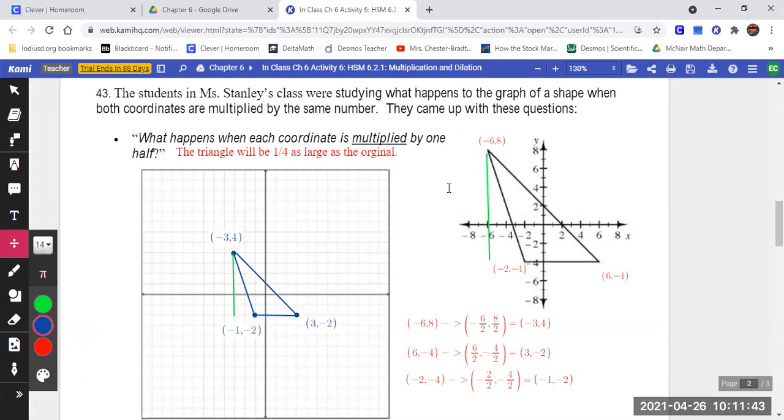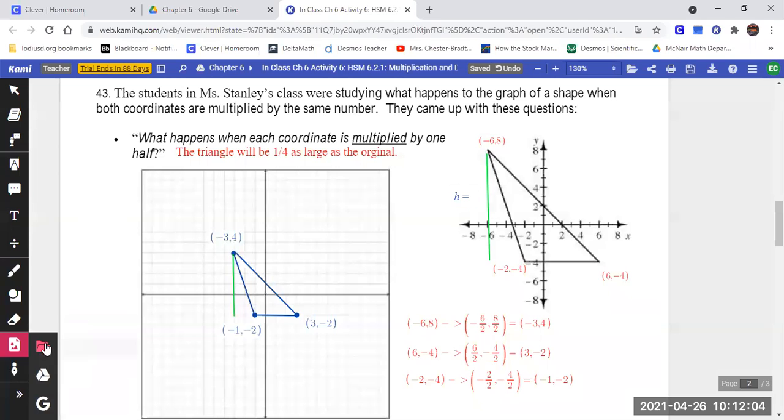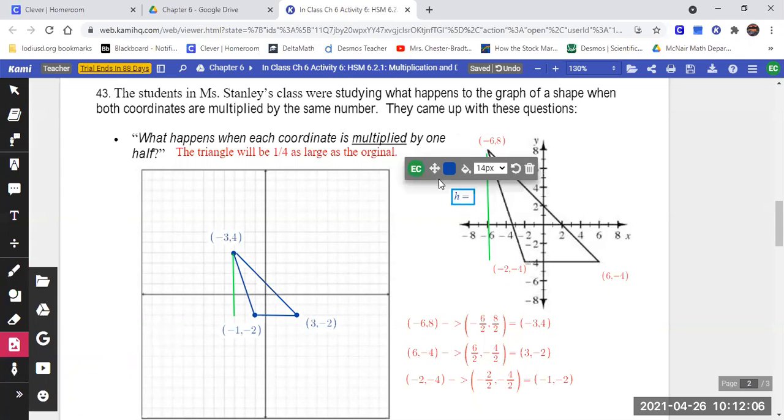Our original is 6 or our smaller one is 6? Which one is 6? Our original or our smaller one? Oh, the smaller one is 6?